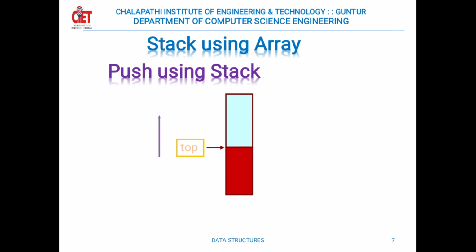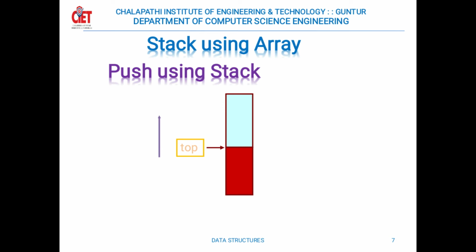Stack implementation using array. So push operation, initially the pointer points at lower index of the stack. The pointer always points to the top of the stack, so that it is called the top of the stack.